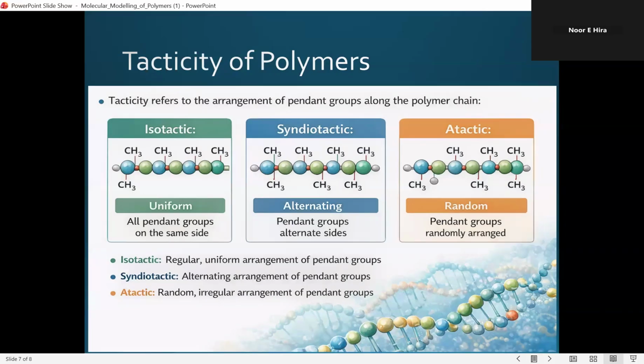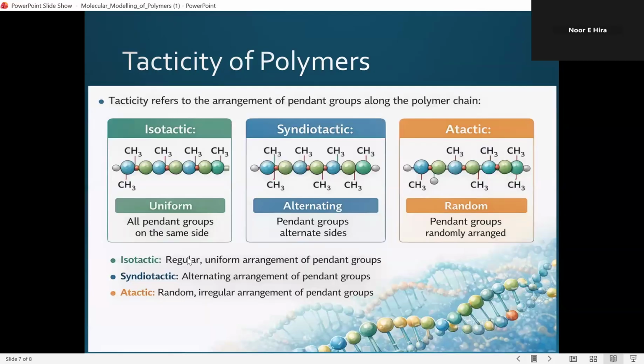This is a subtle but extremely important structural feature. In an isotactic polymer, the side groups are arranged regularly, which allows ordered packing. So the arrangement is regular and uniform. In the other, the sides are not alternating, like CH3 here, CH3 there. And for the randomly arranged, it is atactic.